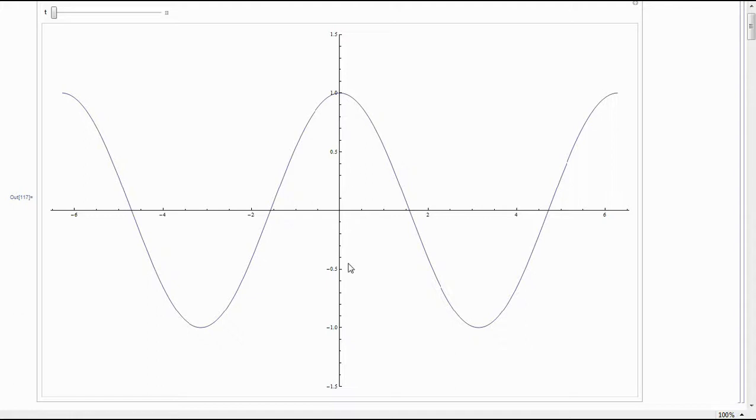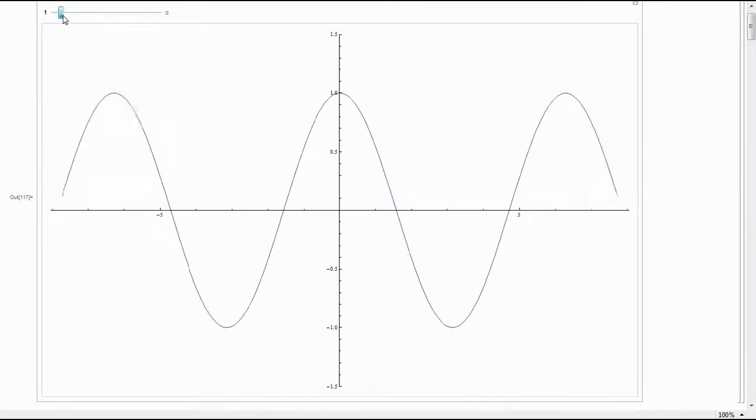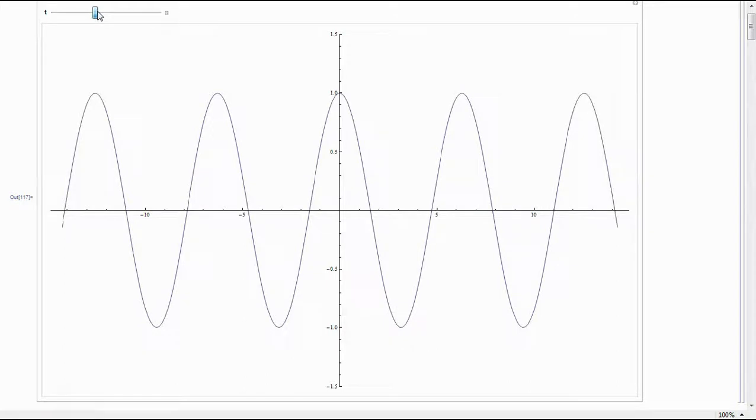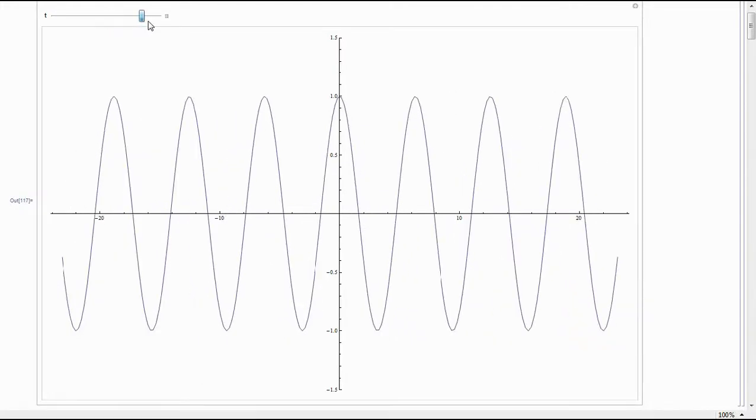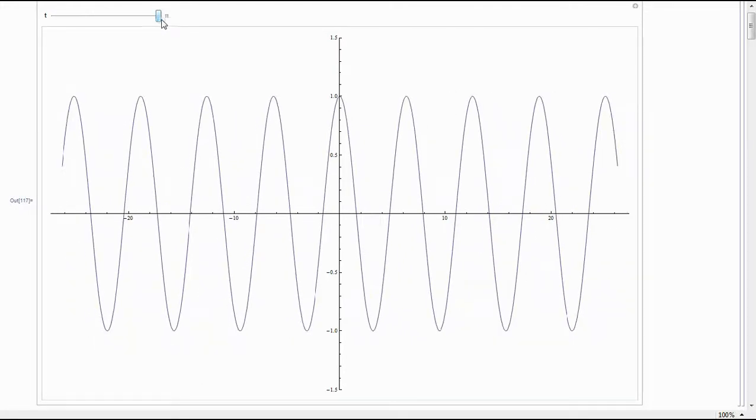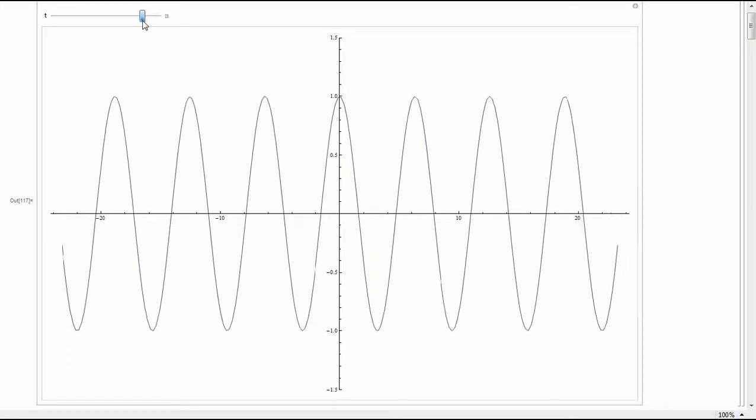We see that the range is from -1 to 1, and the domain is any real number. Even if we try to make the interval larger and larger, the range is still the same, from -1 to 1, and the x values go to infinity.